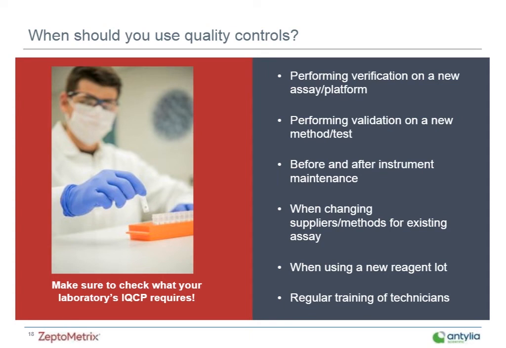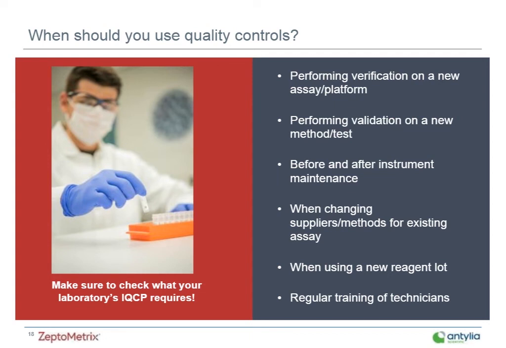The idea behind using an independent quality control is that the material is multifaceted, like I just talked about. If you buy from a QC manufacturer, you'll likely be able to find a quality control that can meet your needs across many of these testing instances. So performing a verification on a new assay or platform, performing a validation, before and after instrument maintenance is a really good time to do this.